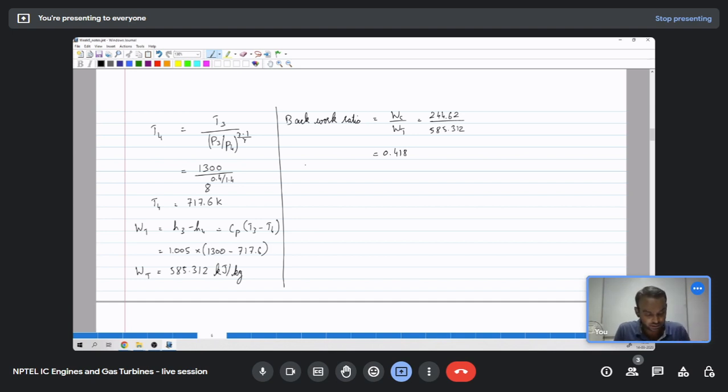So that means the net work output W is turbine work minus compression work.